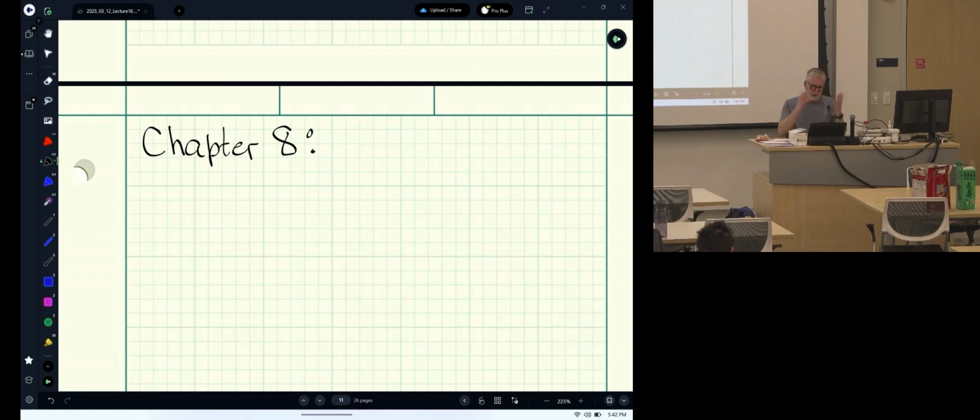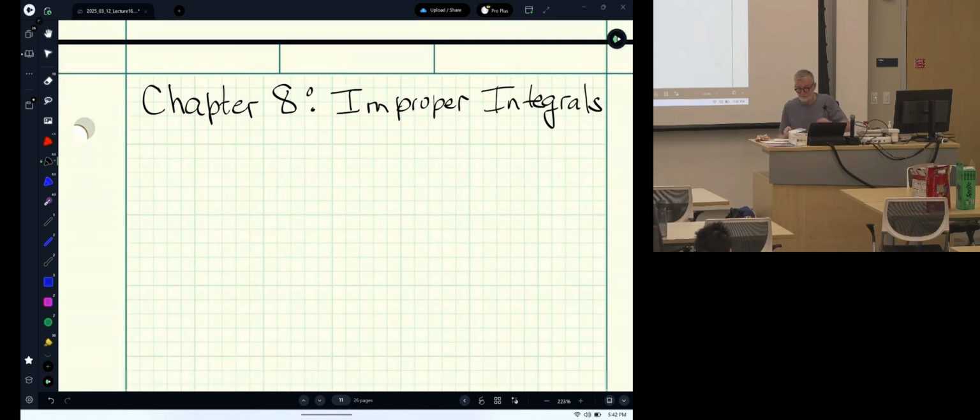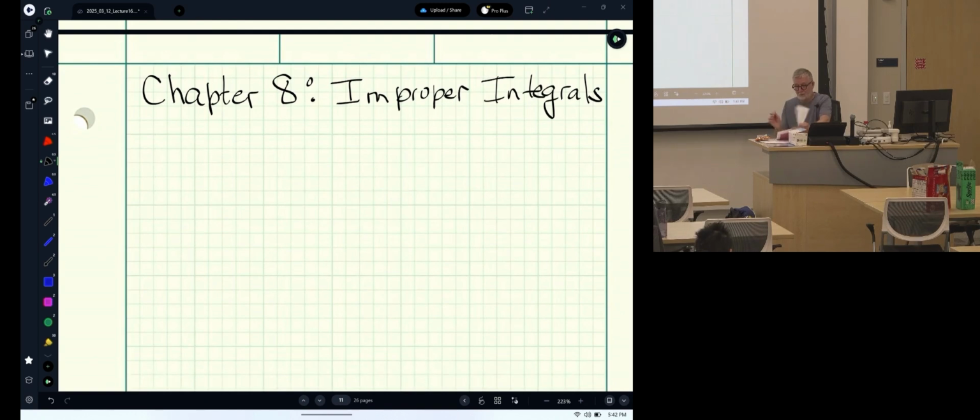So let's move on to something that we're going to need when we do the Laplace transform, and it also shows up in probability a lot. So improper integrals. Okay.